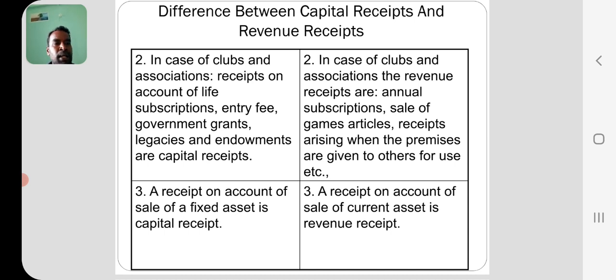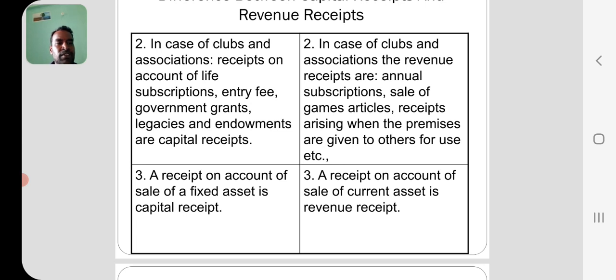In case of clubs and associations, the revenue receipts are annual subscriptions, meaning the subscription is meant only for a particular year, sale of games articles, receipts arising when the premises are given to others for use, etc.